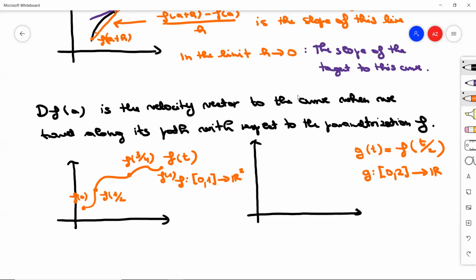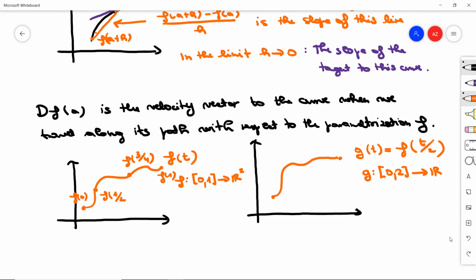Yeah, we would only get a part of the curve if the interval would still be 0 to 1, but I've changed the interval to 0 to 2, so that when I calculate g of 2, I get f of 1. You in fact answered my question. So nothing changed. The curve remains the same. Only the position in time is different, but otherwise I get the same trace.